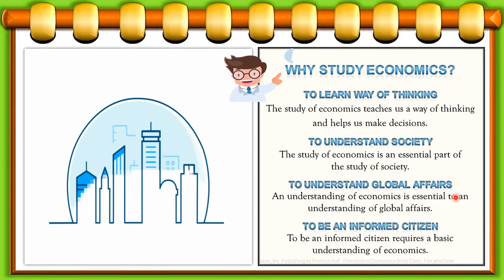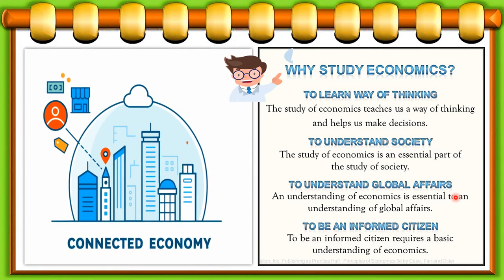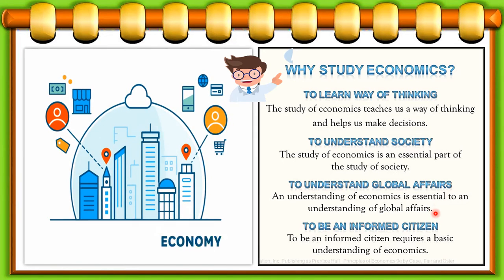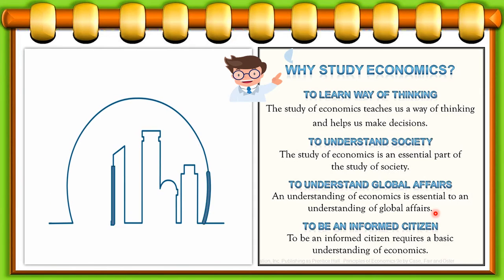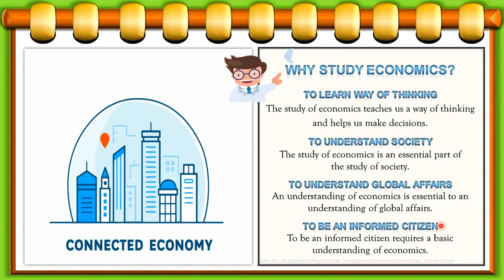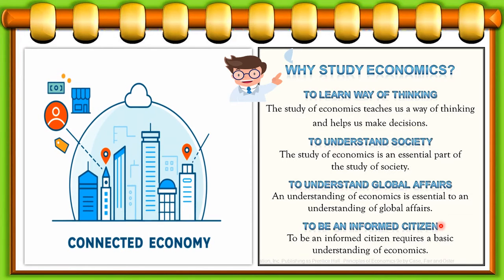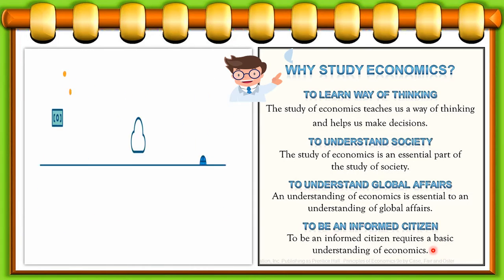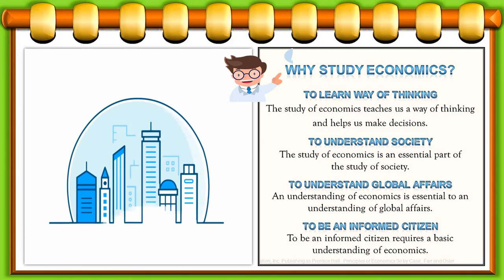An understanding of economics is very important to an understanding of global affairs because all countries are connected with each other when it comes to economics. And the last one, to be an informed citizen. To be an informed citizen requires a basic understanding of economics because in the first place, we are involved.